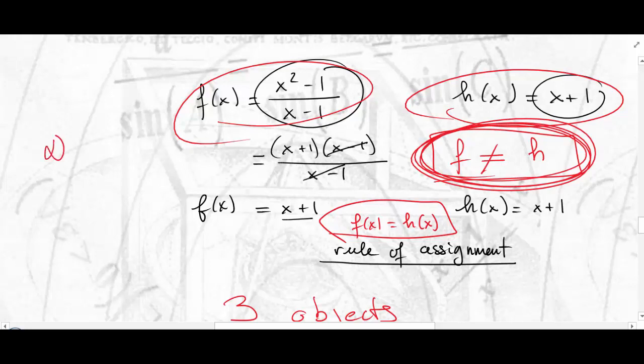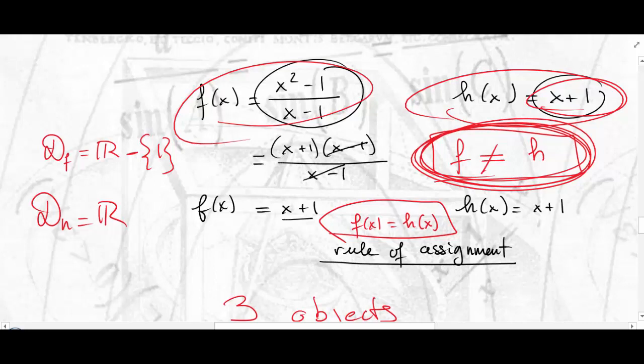The domain of f, I'm going to use set notation right here, is all real numbers except 1. The domain of g, sorry, I call it h, the domain of h is defined everywhere. It's all real numbers, right? So what's going on here? Well, the problem is that f, if you put 1 inside f, it doesn't know what to do with it.